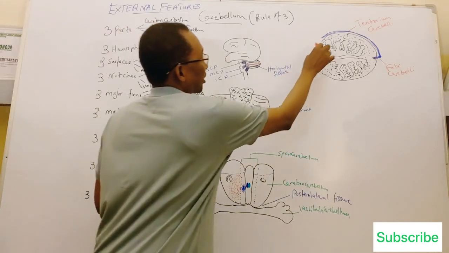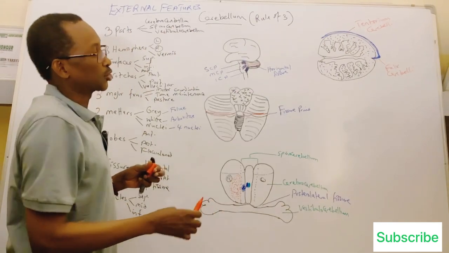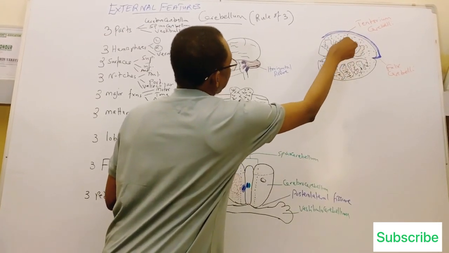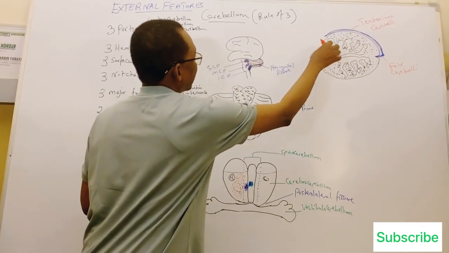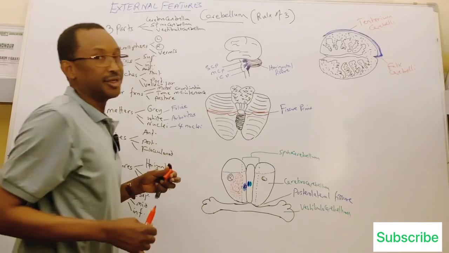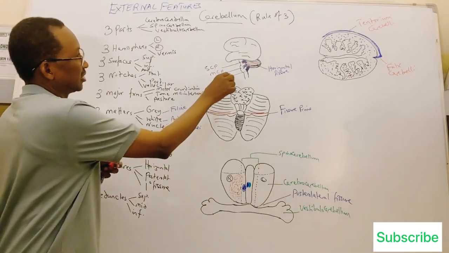This tentorium cerebelli is a double fold of the dura mater that is covering the superior aspect of the cerebellum, so that it separates the cerebellum from the 2 cerebral hemispheres.